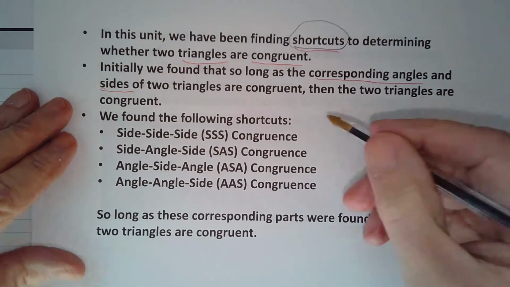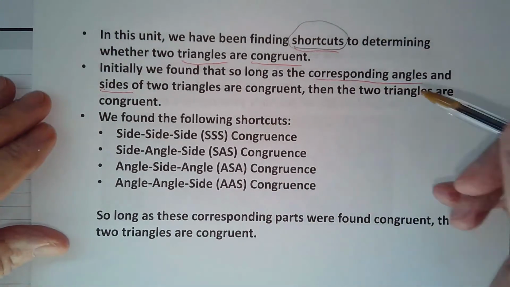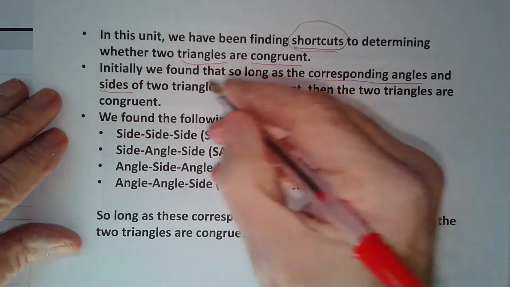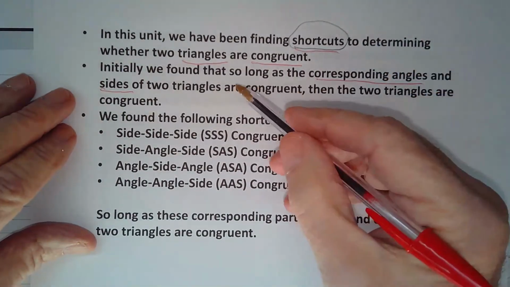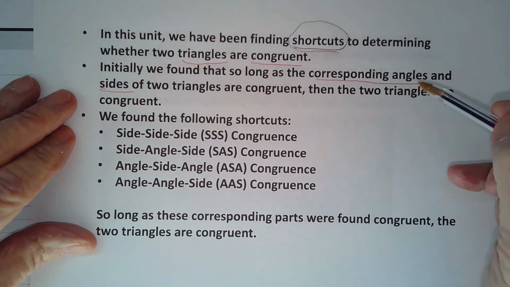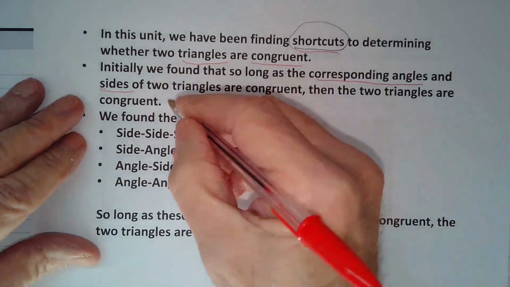Before we even talk about shortcuts, we found that so long as the corresponding angles and sides of both triangles are congruent, then the two triangles are congruent.